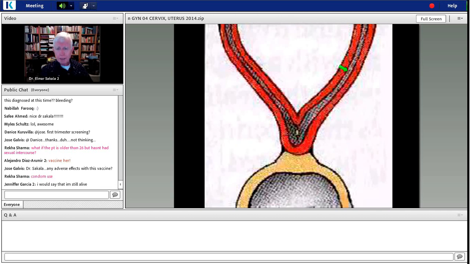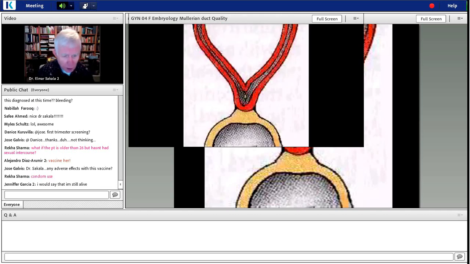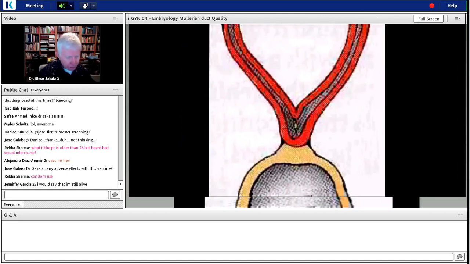Okay, Amanda, if we can put on that video clip, this shows very nicely how this all works. The red here is the Mullerian duct from the left side and from the right side. This is the urogenital sinus. Now watch as we roll the action.